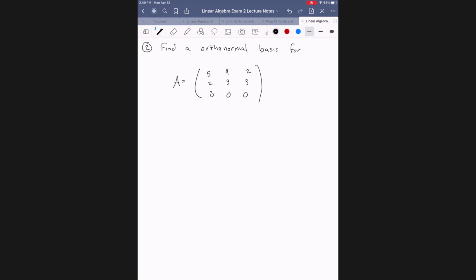No, you don't have to show the REF. Okay, basis. Someone said basis. Basis of what? Okay, so you take the basis of the row space, and what does that give me?